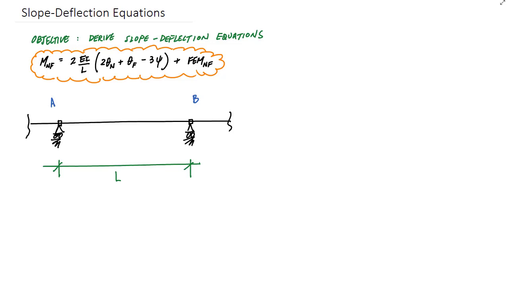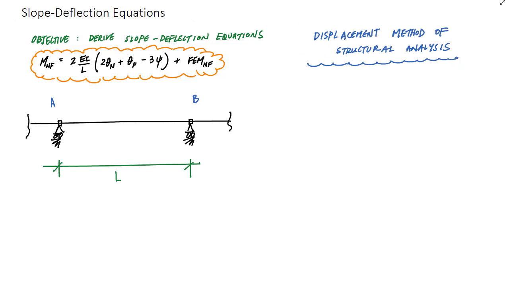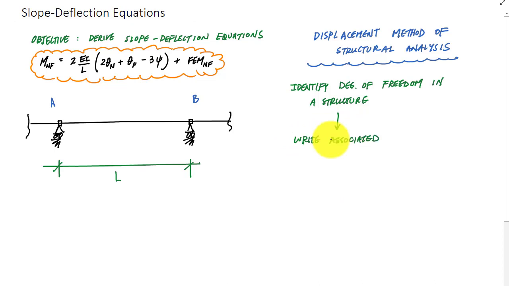Quick recap on what a displacement method of structural analysis is. A displacement method involves identifying the degrees of freedom and being able to write the associated equilibrium equations with each degree of freedom.